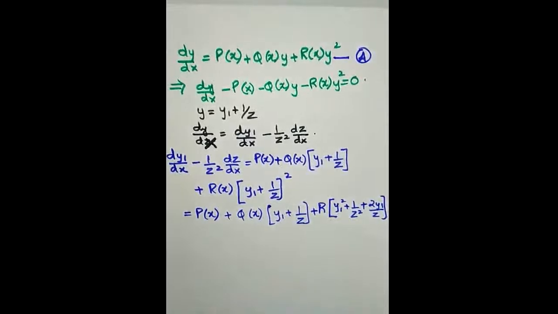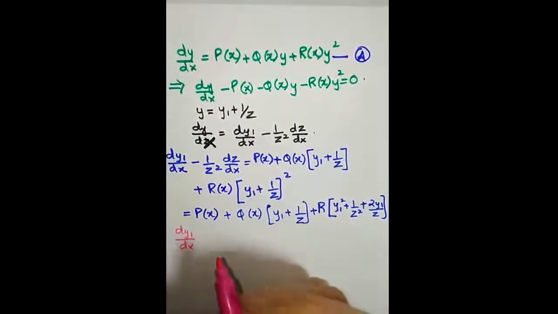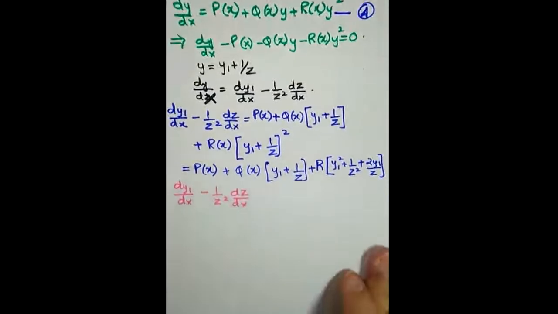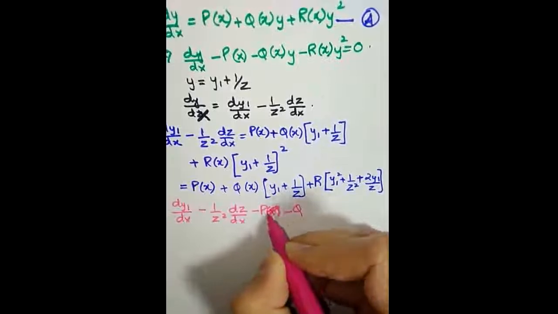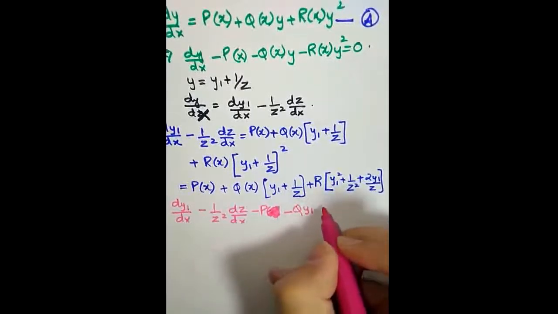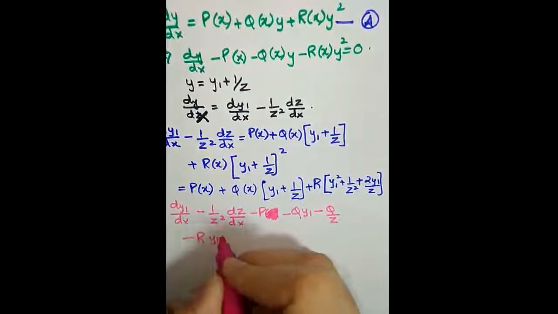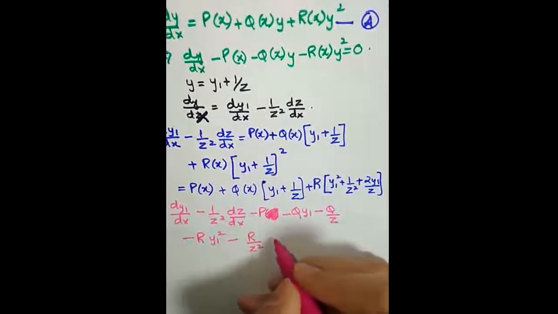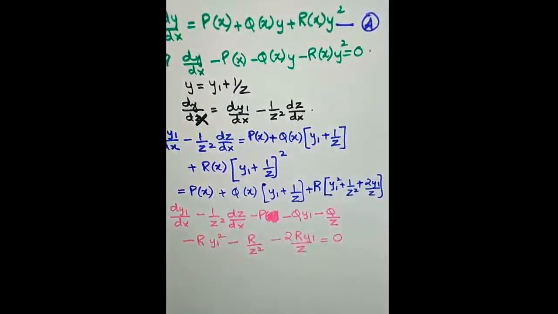So what it becomes: dy1 by dx minus 1 by z square dz by dx minus p of x minus q y1 minus q by z minus r y1 square, this one, minus r by z square minus 2r y1 by z equals to 0. So this is our equation. All right.